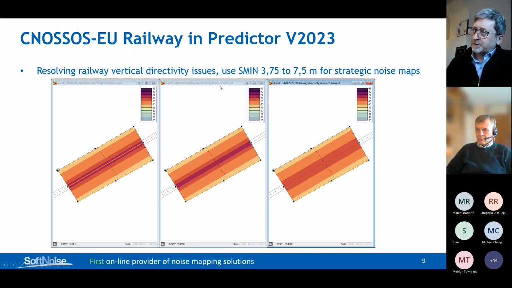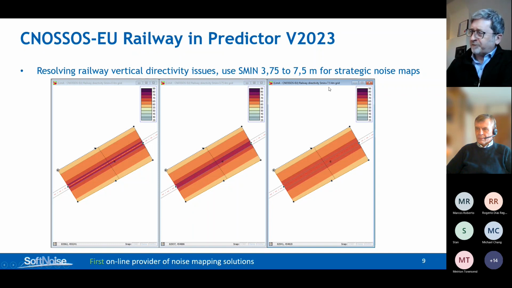If we set the SMIN to 3.75, you can see a very nice, larger level of noise, as you would intuitively expect from a line source. It's not quite right, though, of course, because of the vertical directivity.